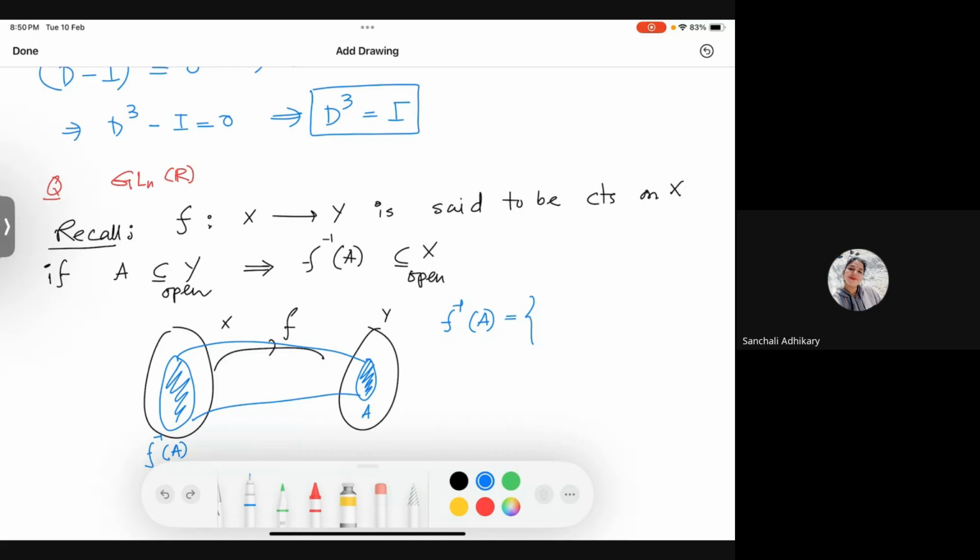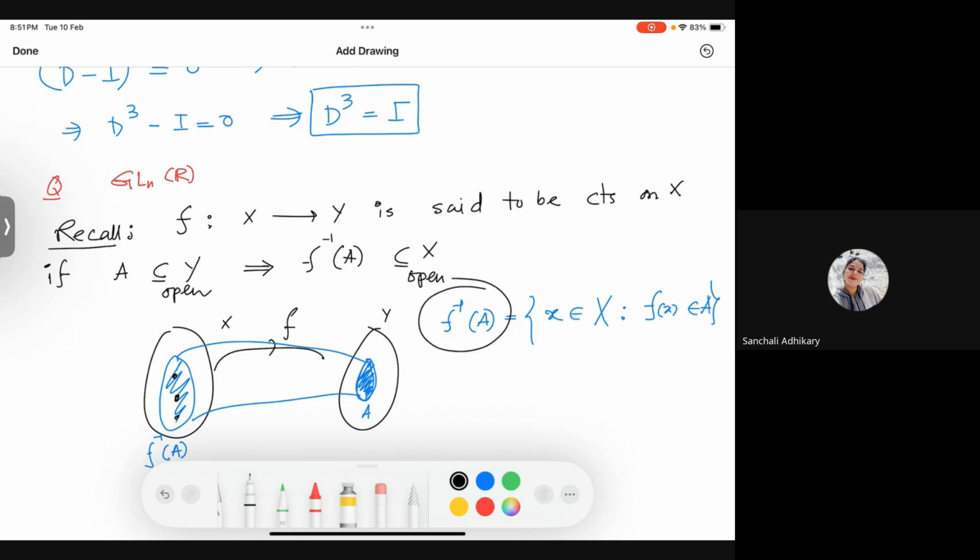It means the preimage of A. It is the collection of those x belonging to X for which f of x belongs to A. So I am collecting those x for which f of x belongs to the set A. The function may not be injective, may not be onto.